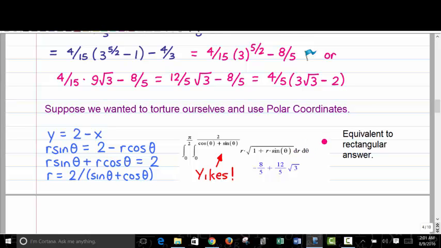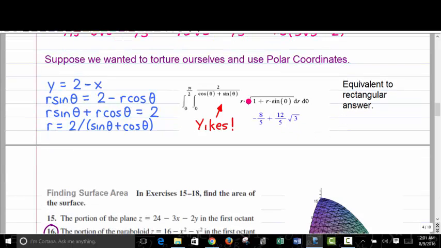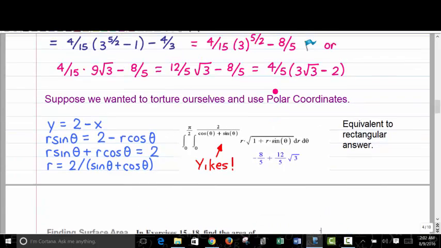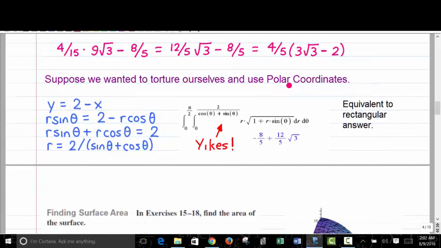I never actually sat down and worked this out to see if it was doable or not. Anyway, Maple figured out a way to do it, and Maple got the same answer as what we have up here. So that means my setup is correct, even if the integral would be pure torture.